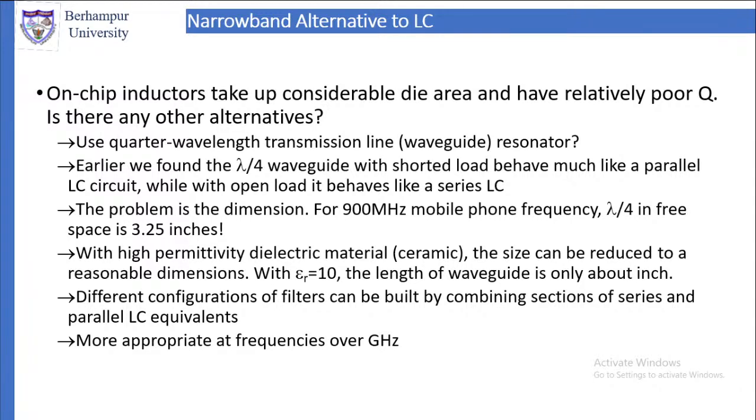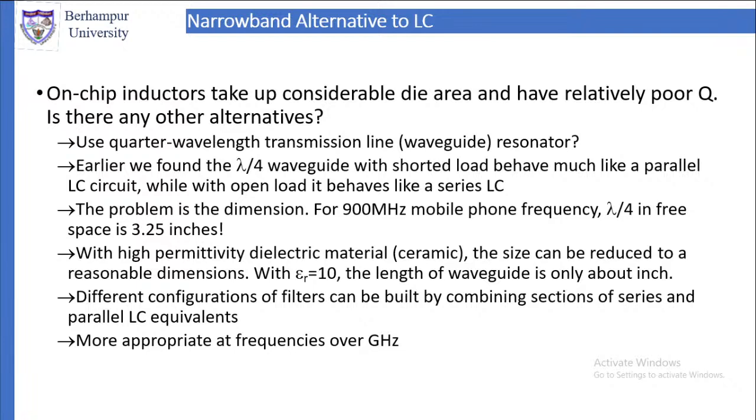Suppose you are using a 900 MHz mobile phone. The frequency is 900 MHz, and lambda by 4 in free space is 3.25 inch, which is quite large compared to the mobile phone. So for 3.25 inch you cannot have it within the circuit. With high permittivity dielectric material or ceramic materials, the size can be reduced to a reasonable dimension.